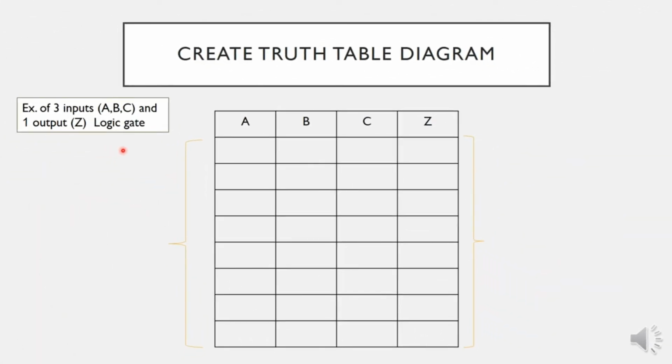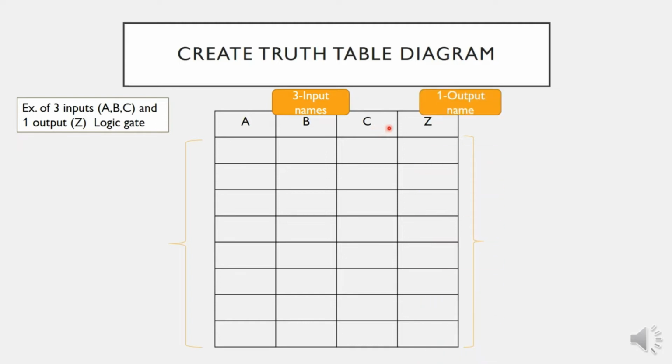In this example, I just want to give a simple example of how to build a truth table for a 3-input circuit, which has inputs A, B, C, and one output Z. The first step is to build a table and give the 3 input names, A, B, C, one for each column on the left.